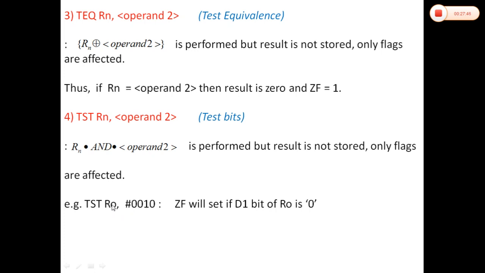If the bit D1 of this is 0, then the result of this operation is 0. If the bit D1 of this register is 1, then the result of this operation is non-zero, and then the 0 flag will indicate whether the corresponding bit is 0 or not.